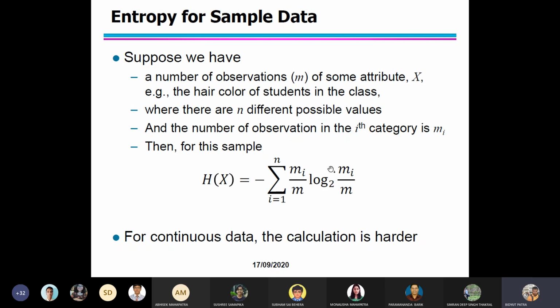This part is also a probability, and we have to do it n times because we have n distinct values. So that is how to compute the entropy of an attribute, but it is difficult for continuous data, so we have to make bins and then compute.